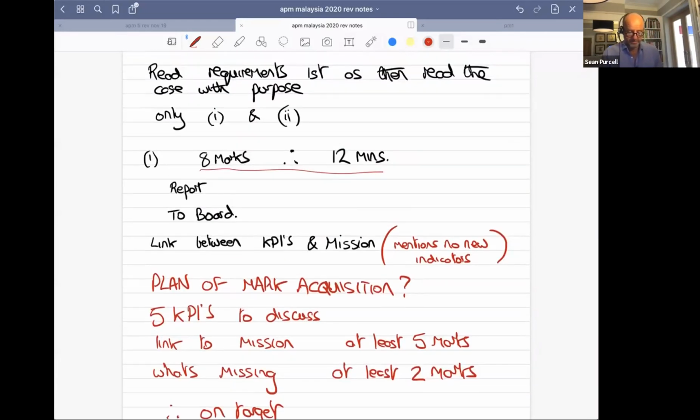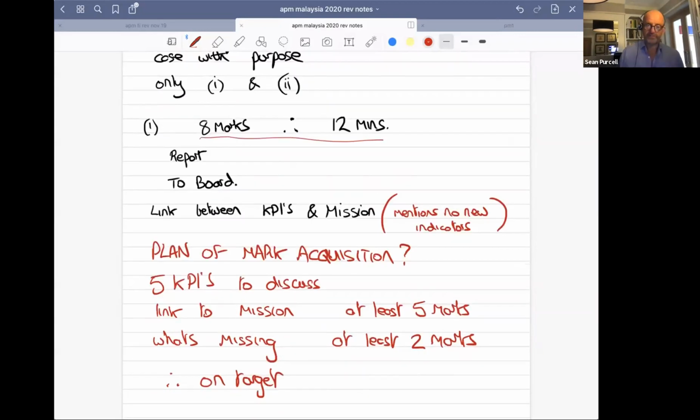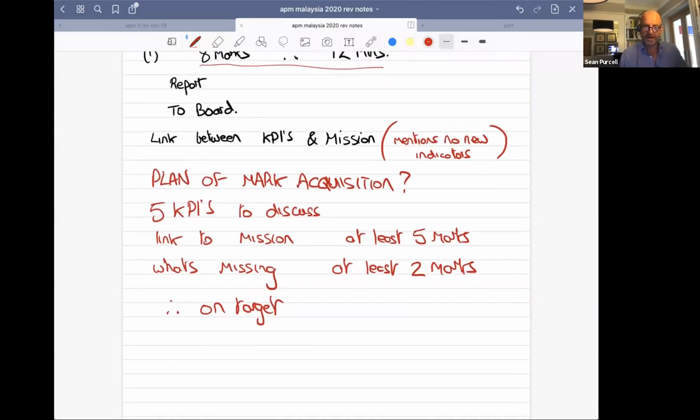How many marks do we need to get? We need to get 8. If we deal with each of the 5 KPIs, that's 5, so you're going to get at least 5 for that. What might be missing? Well, probably 2 or 3 things. So 5 plus 2 or 3 gives me 7 or 8 out of 8. I'm happy. As I note there, I am on target.